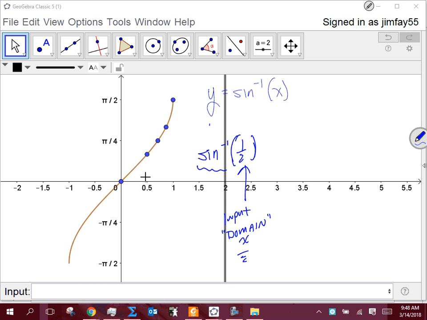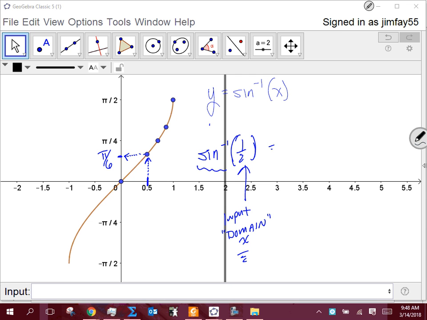Now that is in my domain, right? So for sine inverse of 1/2, I'm asking what is the y value that is correlated with the x value of 1/2 on this curve? Well, that y value is pi over 6.